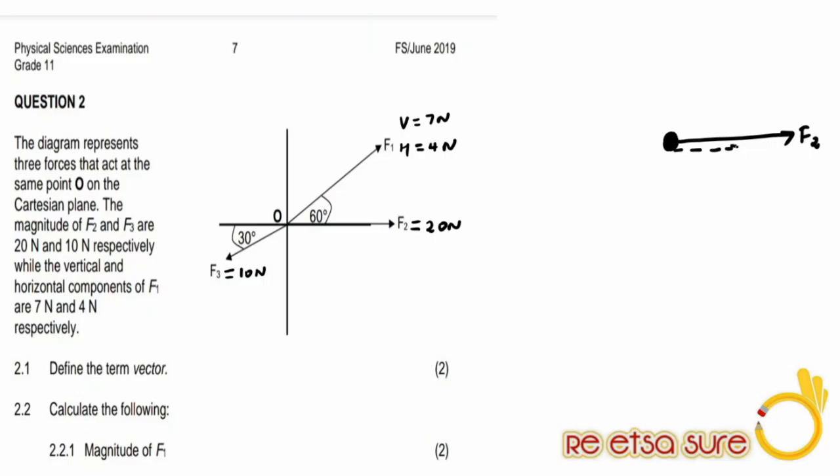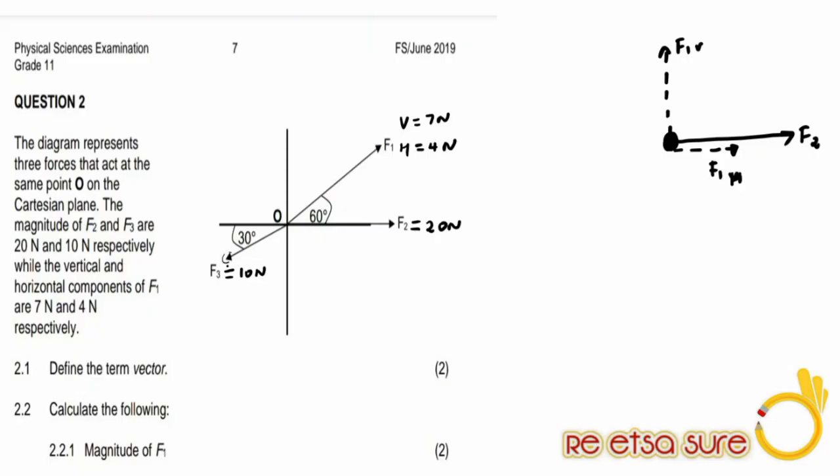Let me name this one F1 vertical, and this one is F1 horizontal, I'm sorry. I'm also going to have F1 vertical.